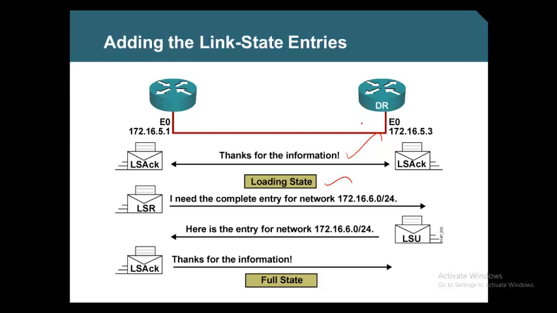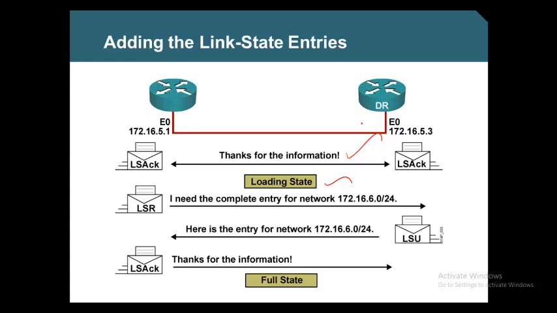Once the other router receives the query, LSR, it will send an acknowledgement. It will say, I got your query, I got your LSR. After that, the query is responded to as LSU, link state update. Once the LSU is received, acknowledgement is sent.